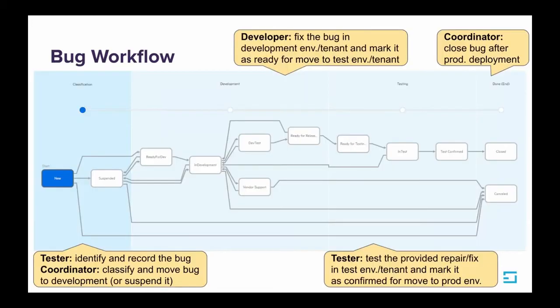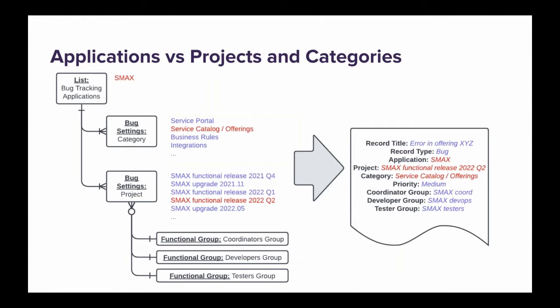So when we link it together, we see that we always have the bug record linked to the application, project, and category, with predefined groups who will participate in its solution.